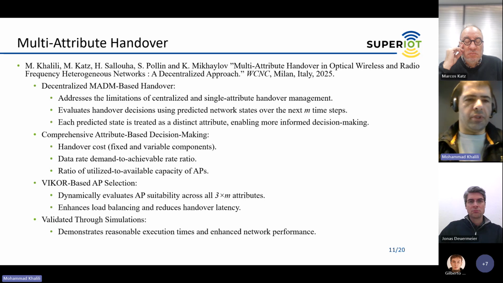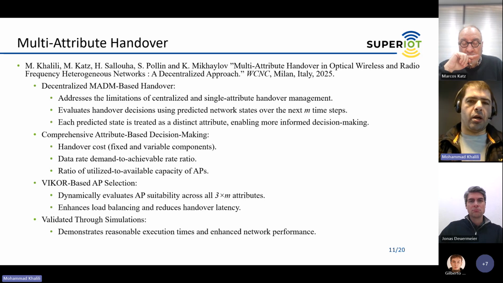And in here we use the Waker, another multi-attribute decision-making algorithm. Each node predicts its next m time-step locations, and for these locations it considers the handover cost, the data rate demand relative to the achievable data rate, and the ratio of utilized to available capacity of the access point for these predicted positions.